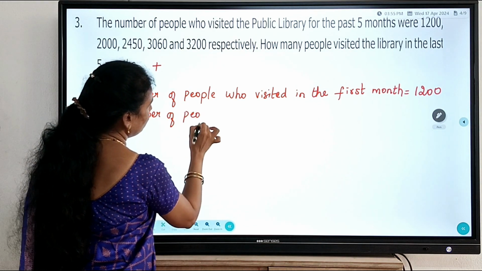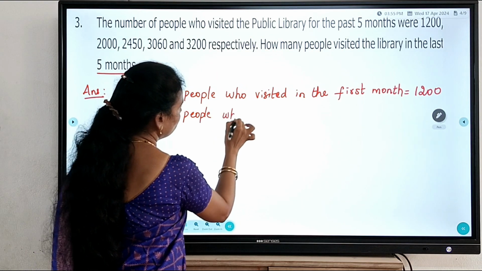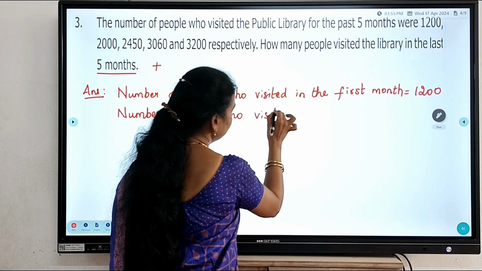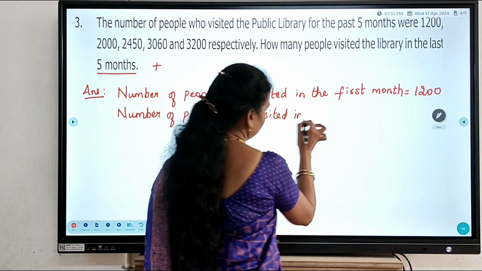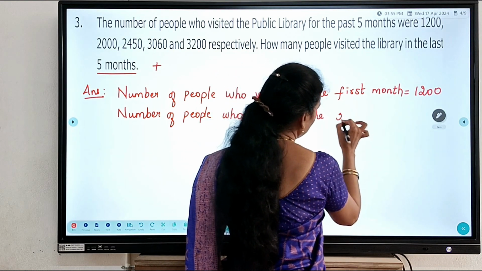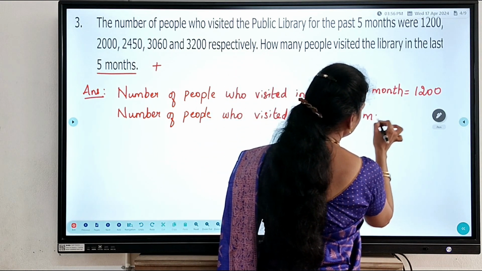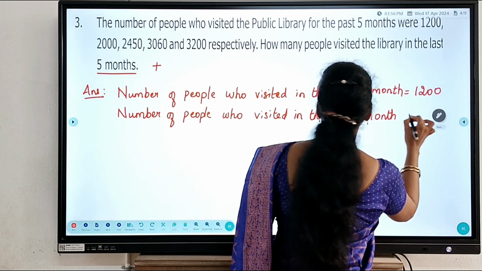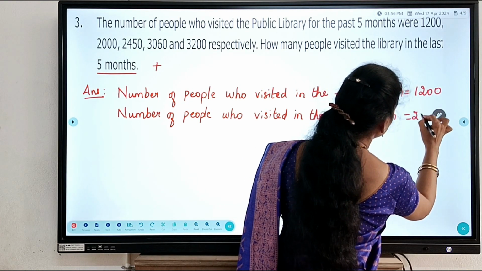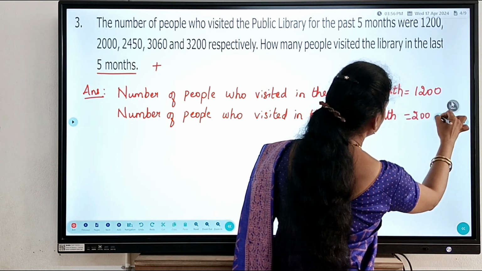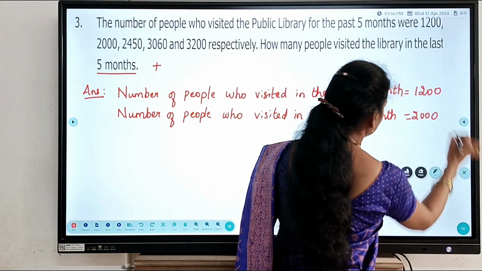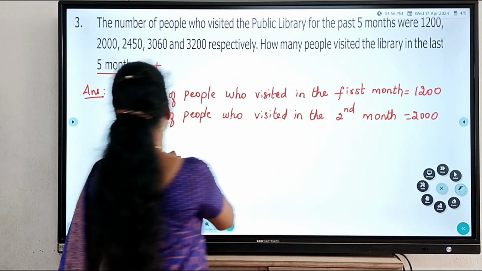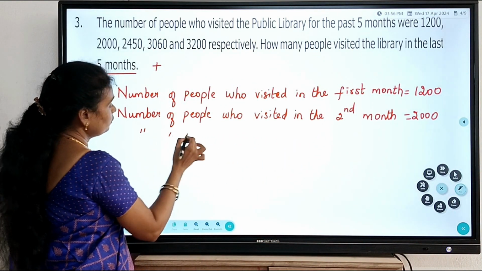Number of people who visited in the second month, that is equal to 2000. So the next statement will remain the same.